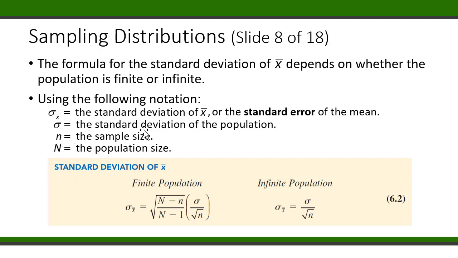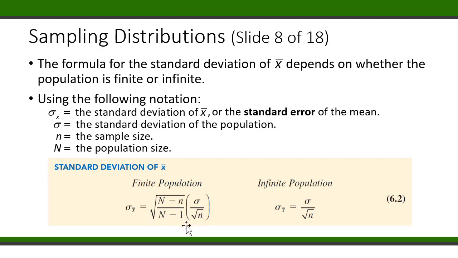Small n is the sample size. Capital N is the population size. So for a finite population, the standard deviation is equal to the square root of (N minus n) over (N minus 1), multiplied by sigma over the square root of n.